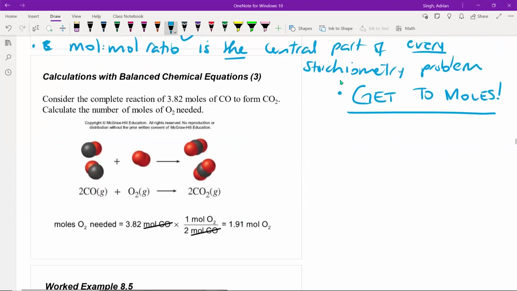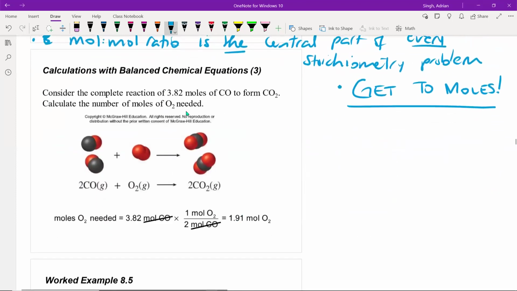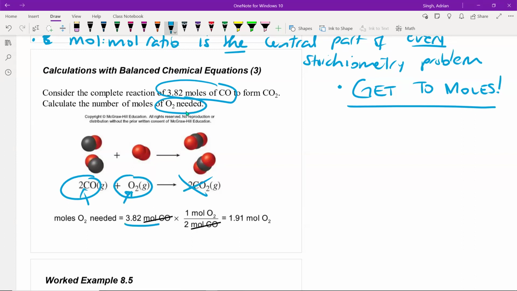Okay, so in the same problem, if instead we're asked, if we start with the same amount of CO, calculate the number of moles of oxygen needed. Okay, so now I'm given the CO and I want to relate it to the O2. Now I'm not concerned with the CO2 anymore because these are the two things, what I'm given and what I need, right? So again, I start off with what's given.